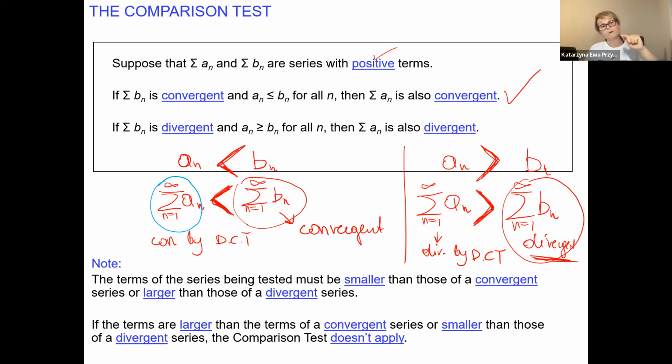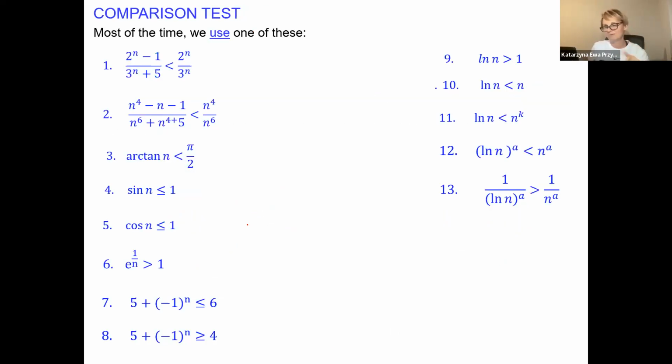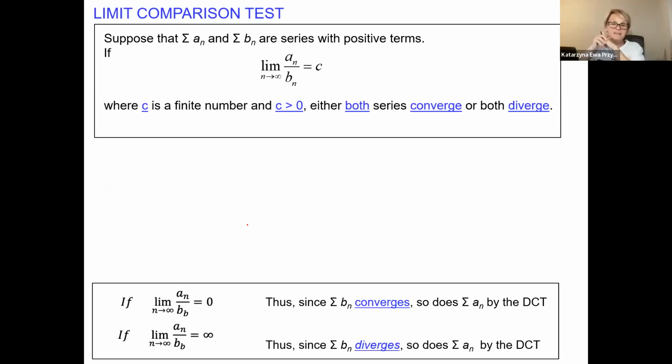If the direct comparison test doesn't work, we can also use the limit comparison. Limit comparison is telling us that we still figure out a new formula, B sub n, to compare, but the relation will not let us compare, right? Then we grab this formula and create this ratio, A sub n over B sub n.